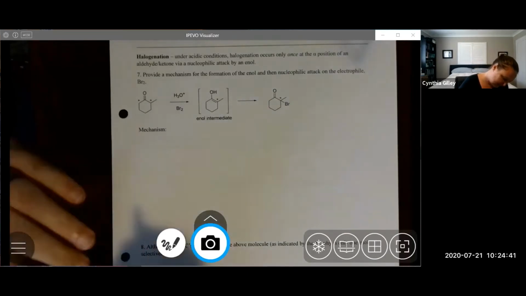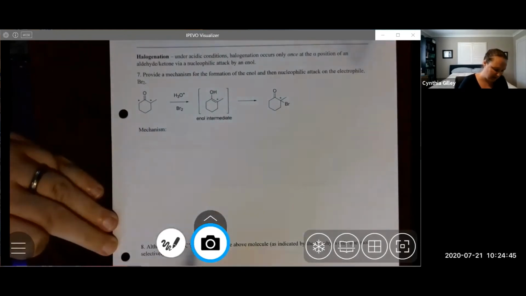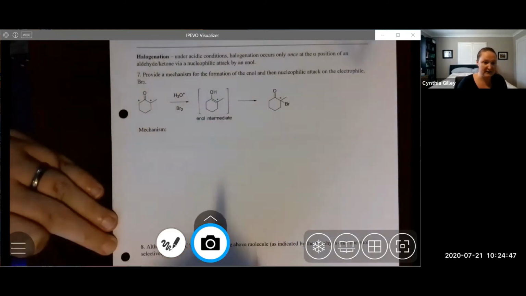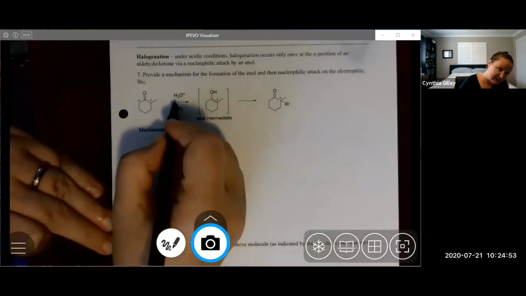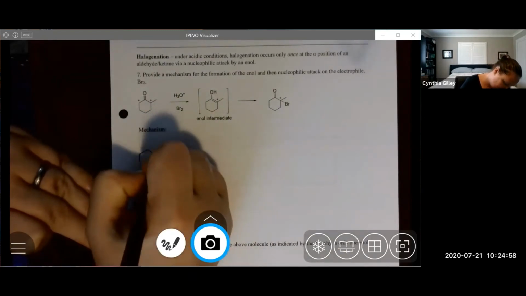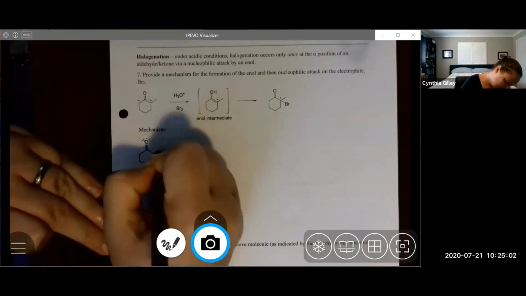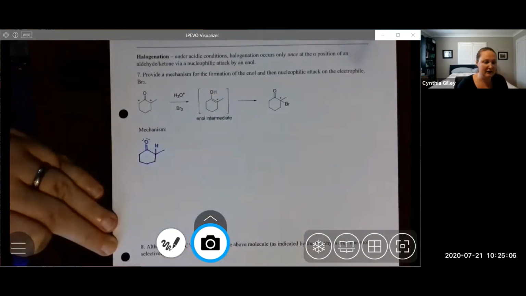Okay, so for the mechanism, because we're under acidic conditions, we should form the enol through the mechanism that we used before under acidic conditions. So we need to be mindful of the conditions in determining what sort of mechanism we should draw. Eventually we'll be getting that hydrogen involved, so I'm just going to start drawing it in from the beginning.